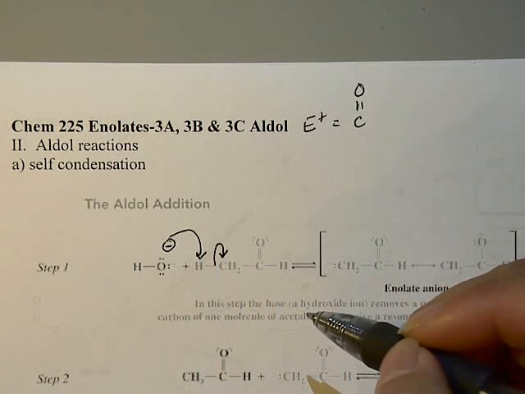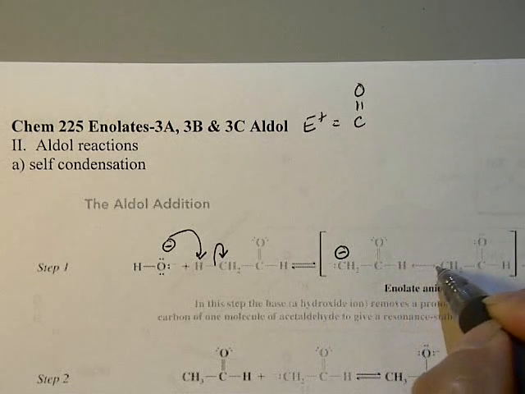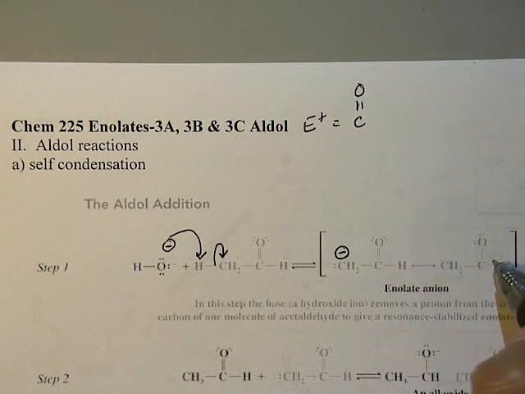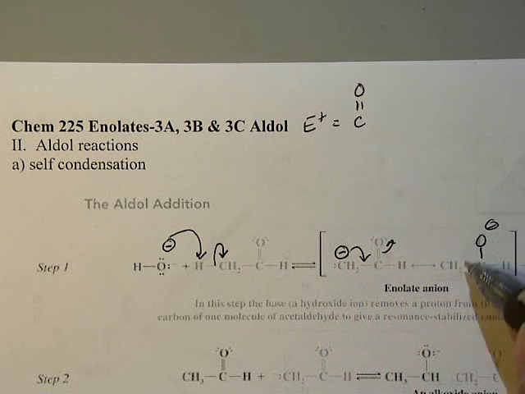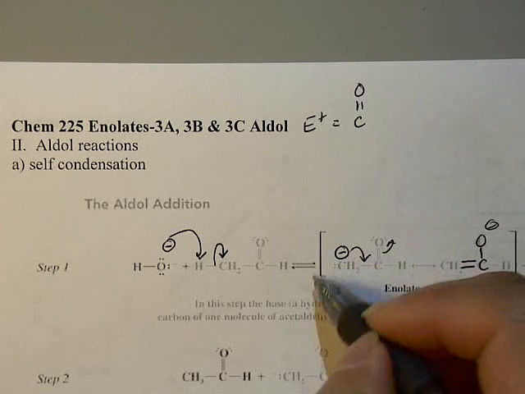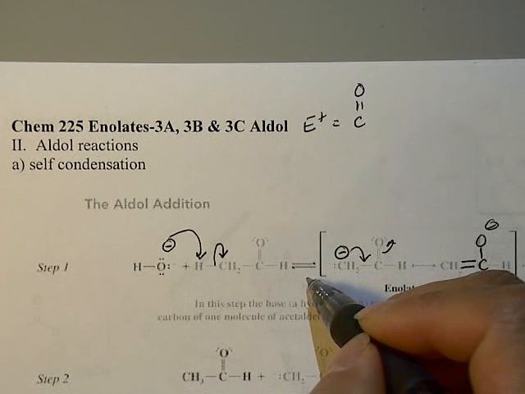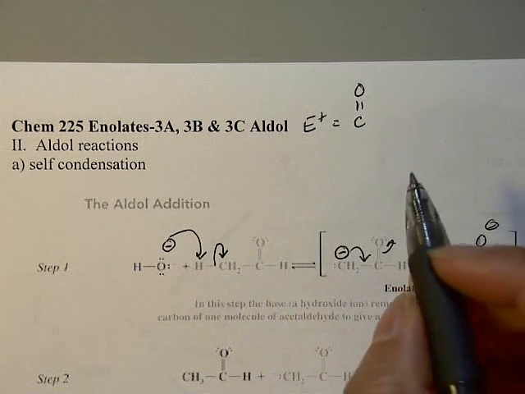then makes the anion at the alpha carbon, and this is a resonance structure that is showing here, where O minus and the double bond are here. So this enolate ion is in equilibrium with the starting material, right?